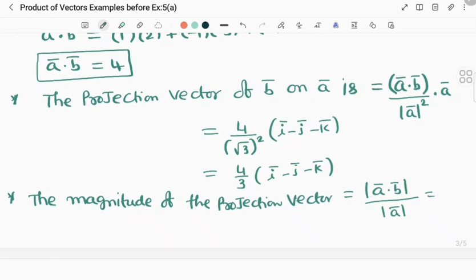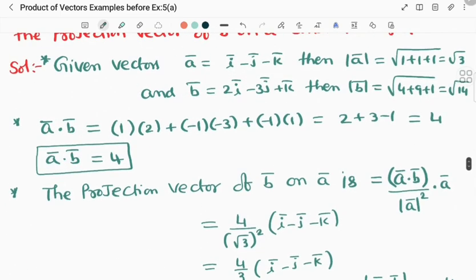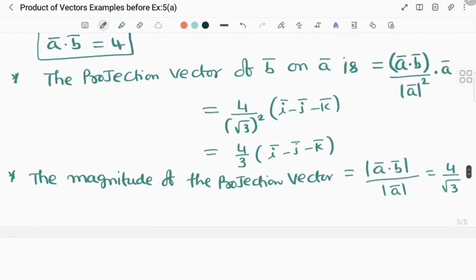What is A bar dot B bar? We already got it, 4, by mod A bar. Mod A bar value is what? Root 3, we got it here. So the magnitude of the projection vector of B bar on A bar means the dot product of the two vectors by mod A bar. I hope you understand. We will move on to the next question.